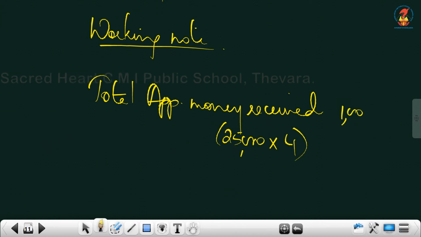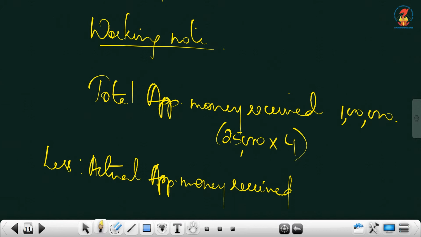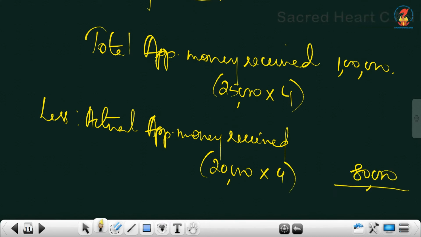Application is 4. So that will be 1 lakh. Less actual. You can't see this working note in the textbook, but I want you to do it like this. Actual application money received. You can collect actually only on 20,000. So it is only 80,000.